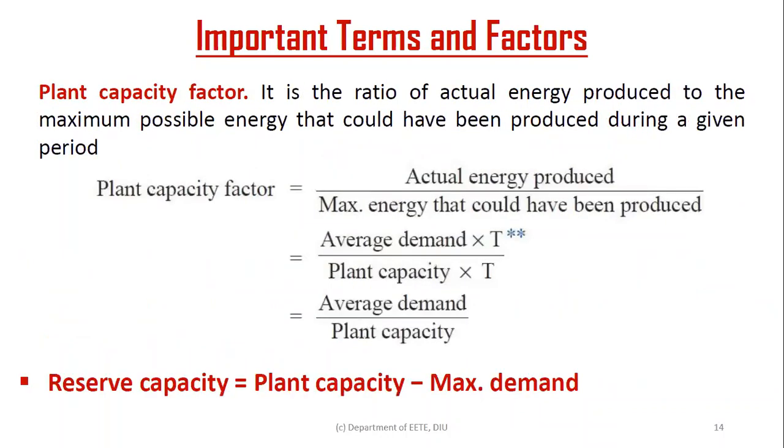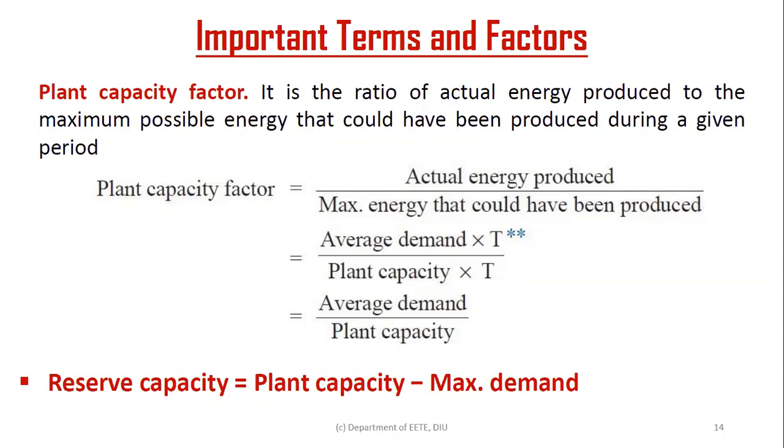Okay, plant capacity factor. The plant capacity factor is one more factor, that is how much of your capacity the plant has used. It is the ratio of actual energy produced to the maximum possible energy that could have been produced during a given period. Suppose Omar is present with us.